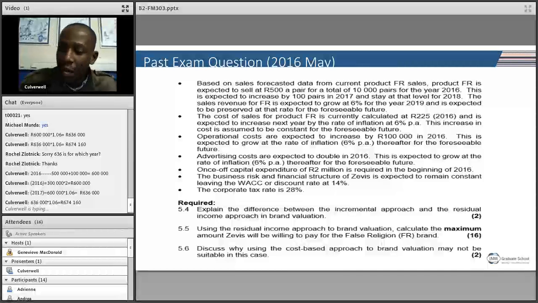I want to come to the terminal value element and then the NPV calculations. When you calculate the projections in year 2018, you need to calculate the terminal value.